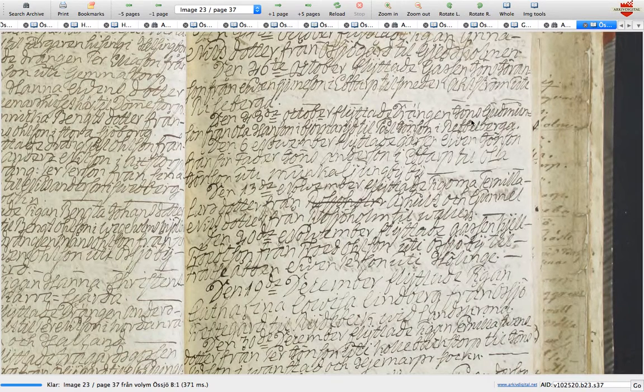Here you have something. Jöns Gudmundsdotter från... Ja, så bra.